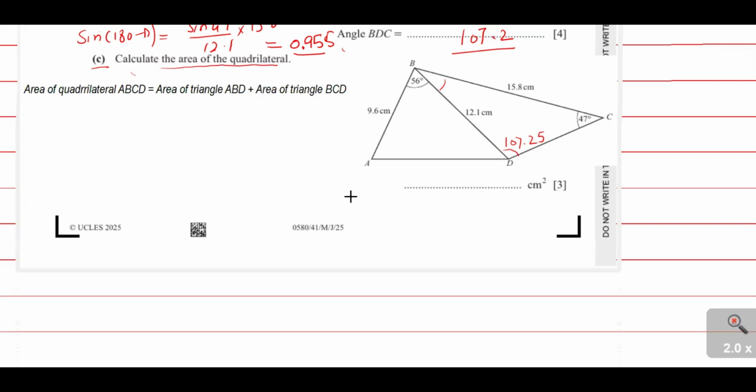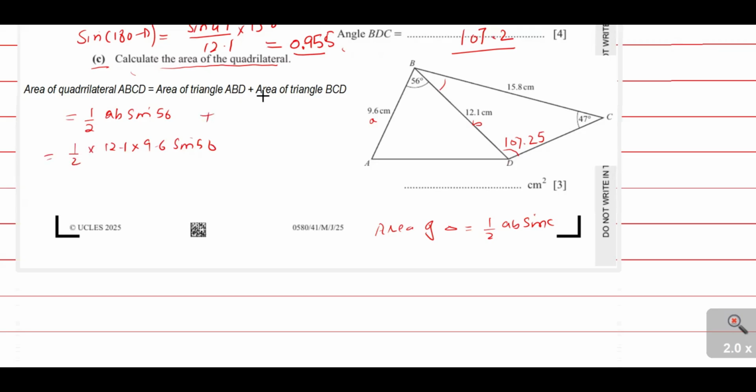For area of a triangle, we will use the formula 1 over 2 ab sine C. According to this formula, we take the length AB and this length BD, we name them a and b, and the angle between them is 56. We write 1 over 2 ab sine 56. Here a length is 12.1, b length is 9.6, and this angle is sine 56.